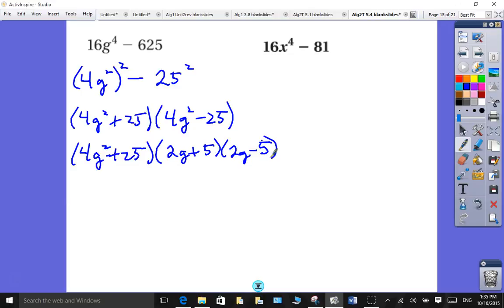So you try to do the one on the right. And it's almost the same problem. It just, instead of 625, you got a much easier number to deal with, 81.